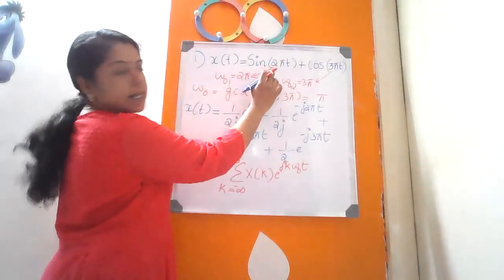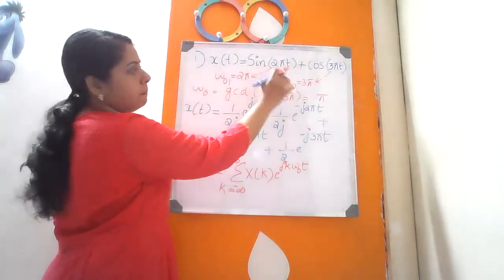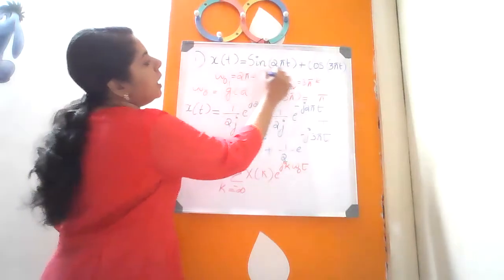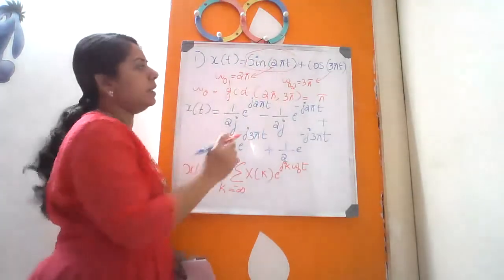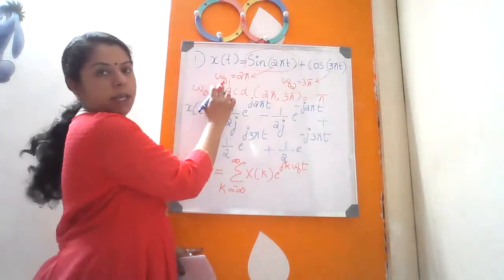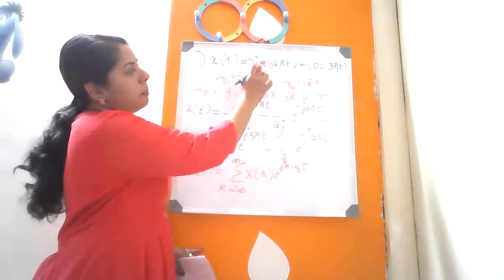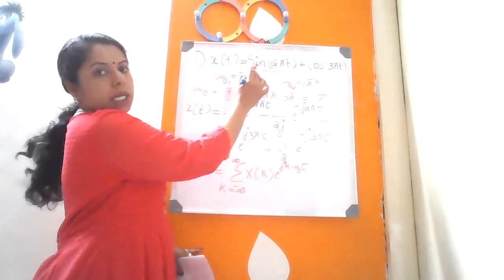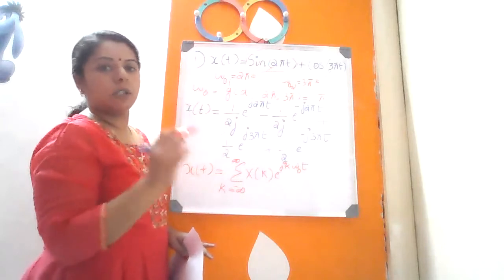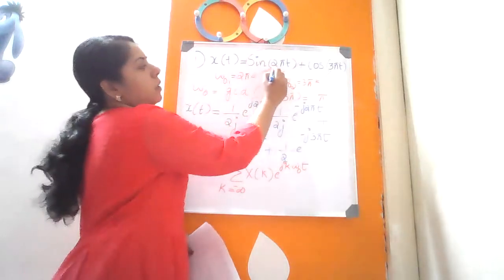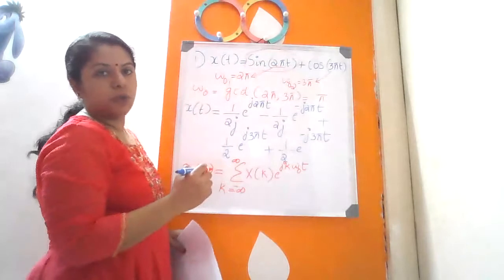Let us see this. Here it is sine 2 pi t. That is the angular frequency of this wave. For that sine term, we can write omega naught 1 is equal to 2 pi, isn't it? This equation is in the form of sine omega naught t, so the value of omega naught here is 2 pi.